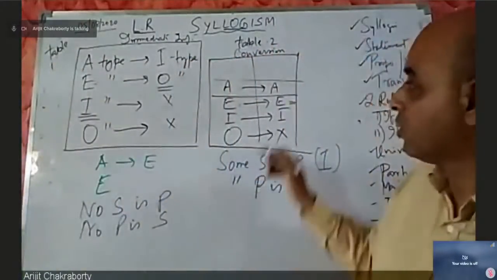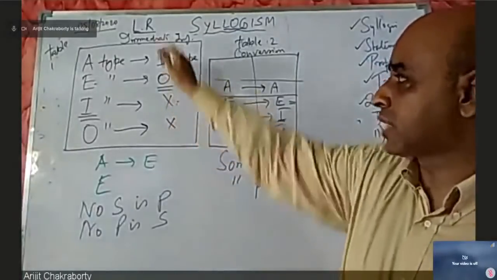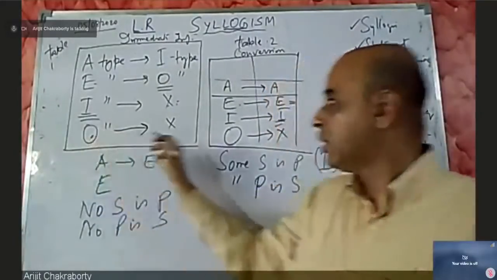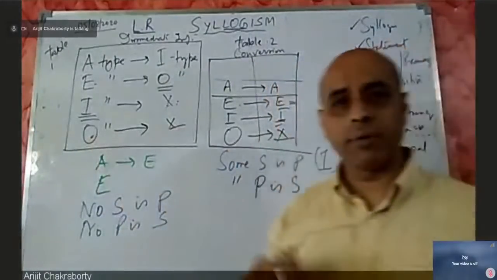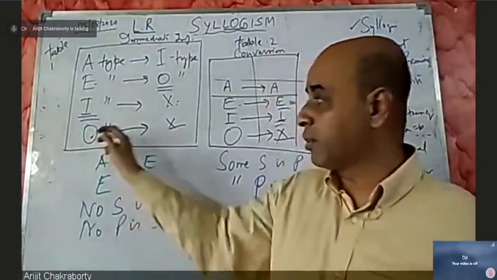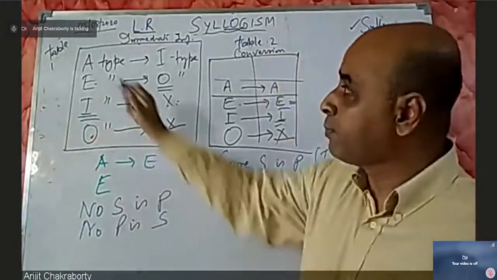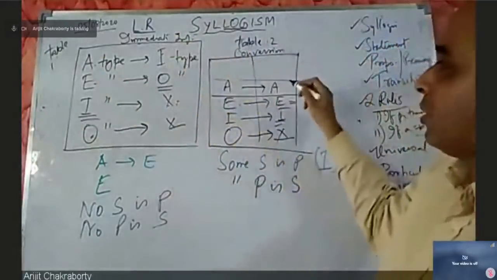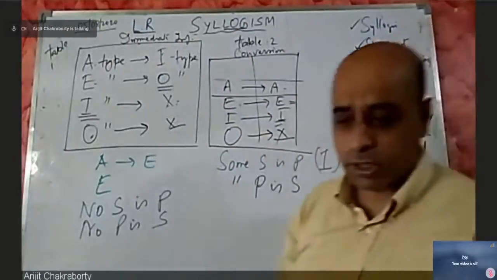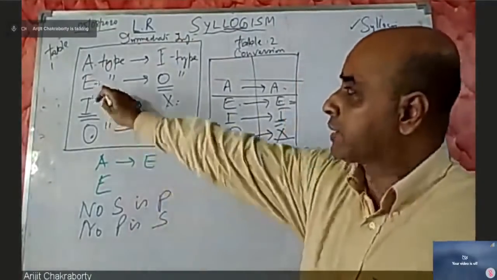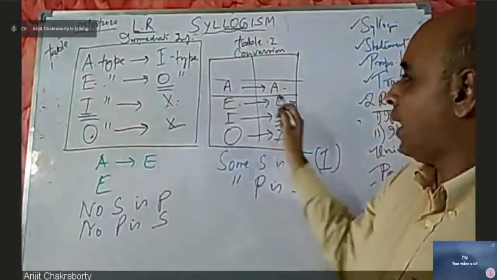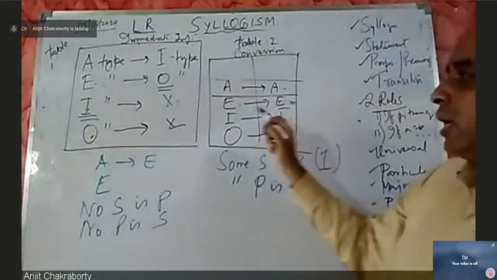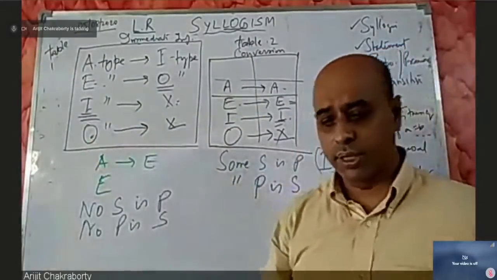From O, the last one, no inference, no adjustment can be done with O type of proposition. So A type, you can convert into I type or A; E type gives O and E; I type gives only I type, and O type, no conversion is possible.